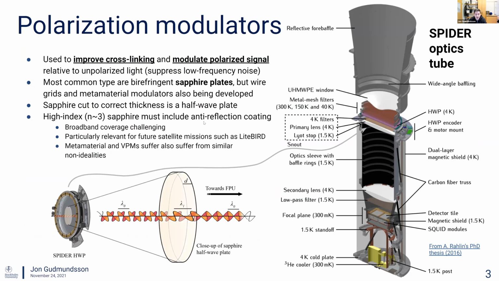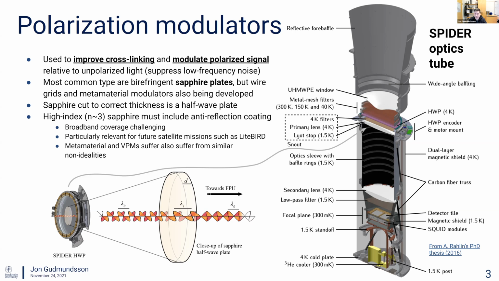For the people that are new to half-wave plates, and since I'm the first in a line of talks about half-wave plates, I can spend a minute on this slide. We use these on CMB experiments for two reasons really. They improve cross-linking, and they allow us to modulate our polarized signal relative to the unpolarized light, which allows us to suppress the impact of low frequency thermal noise variations in our system.